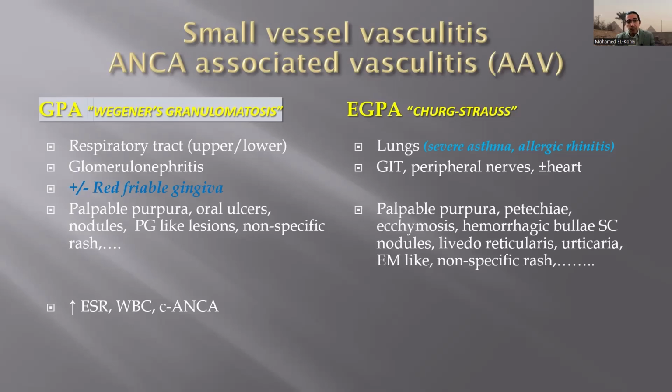Cutaneous lesions include palpable purpura, petechiae, hemorrhagic bullae, nodules, livedo, as well as erythema multiforme-like lesions. Actually, both these types may show non-specific rashes over the skin. The IgE is elevated in patients with eGPA, and the P-ANCA is also elevated in most cases.